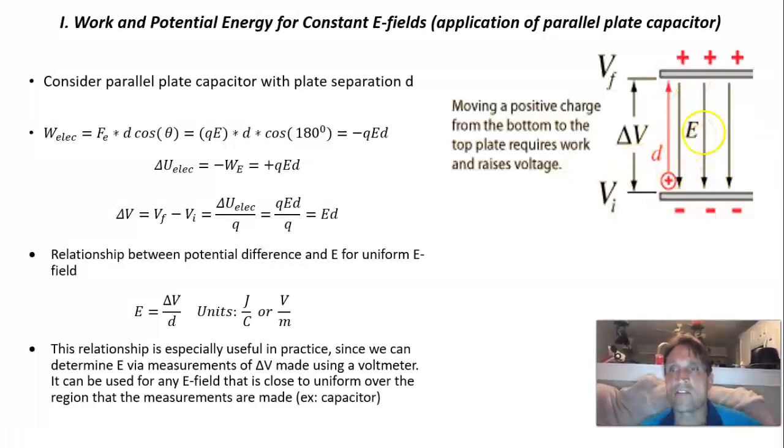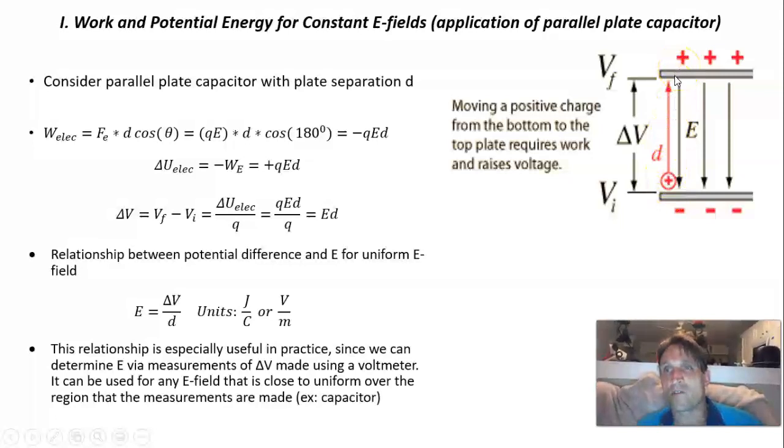In this case, the electric field and the displacement are anti-parallel, so the angle between them is 180 degrees. Cosine of 180 is -1, and the electric field does work negative QEd in moving the charge from A to B, or from the negative to positive plate.